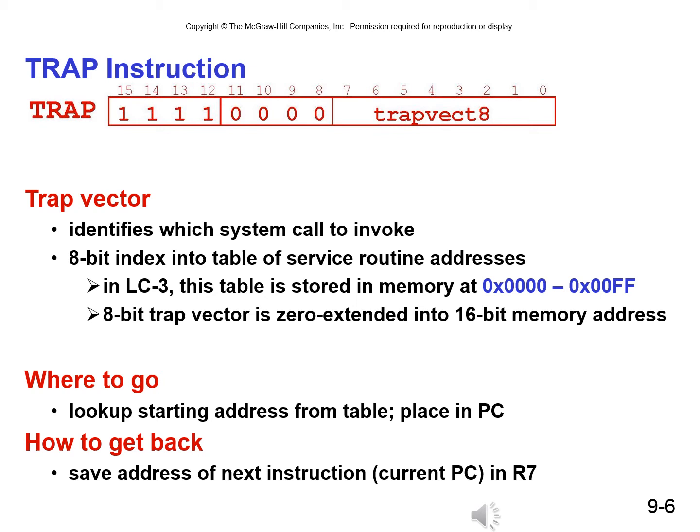So even if bit 7 is 1, it's not a sign extended value as we had in 2's complement. So we look up the starting address from the table, the trap vector table, and we then place the address stored in that starting address into the program counter. And you'll see that we have a return, which is a jump R7, as the last instruction in the trap routine.